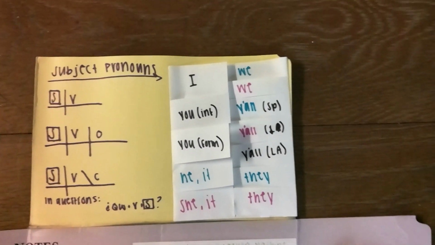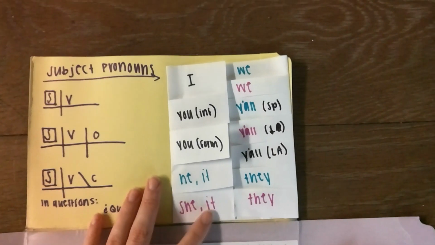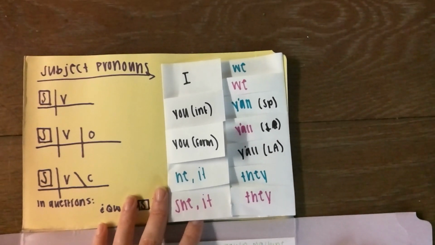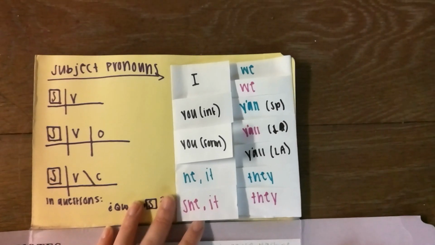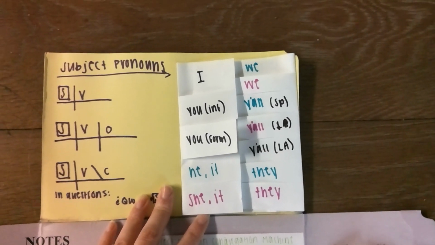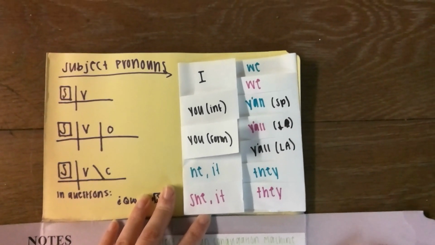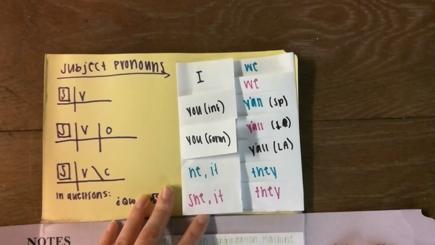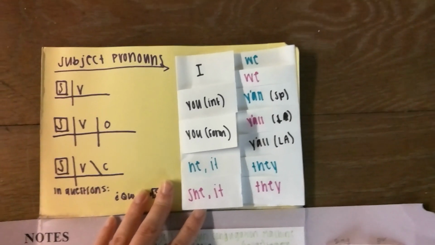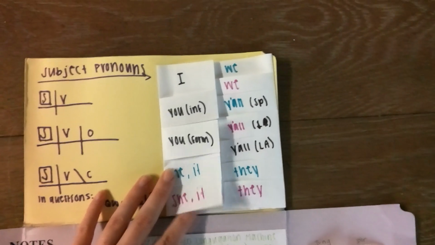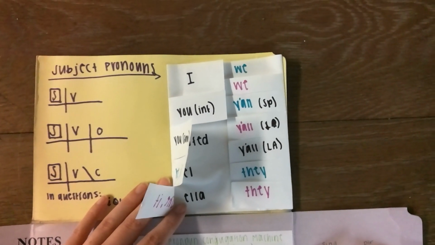She and it is similar. We have it here for our objects that are feminine, such as la chica, oh, that's a person. La tarea would be ella. So under there we have ella.